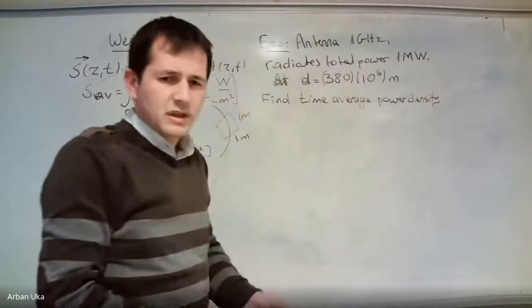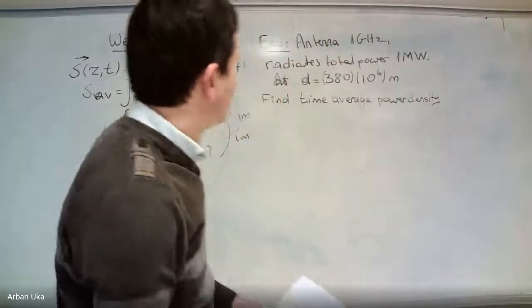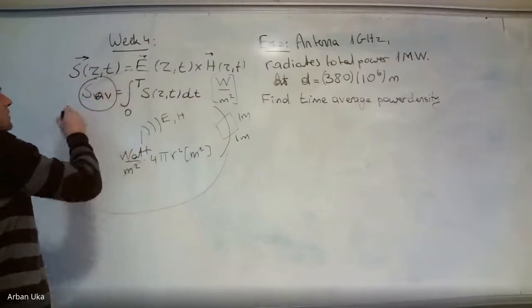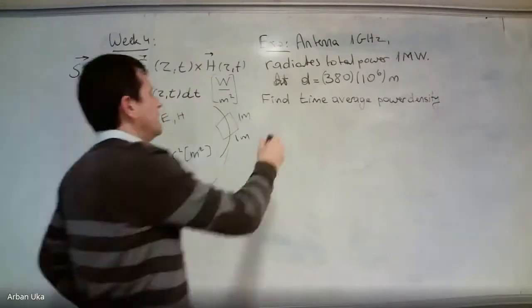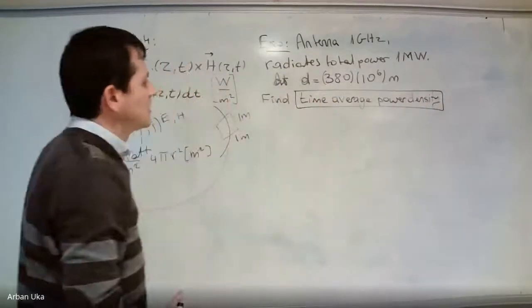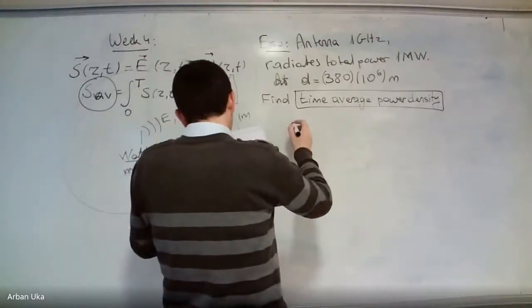When we talk about the time average power density, what do we understand? In this case, we would understand this quantity here, the time average power density, because the power density is like the pointing vector itself. So in this case, we can write that.